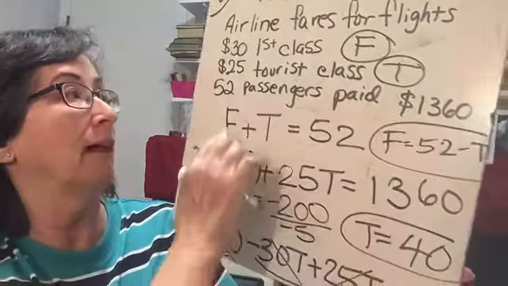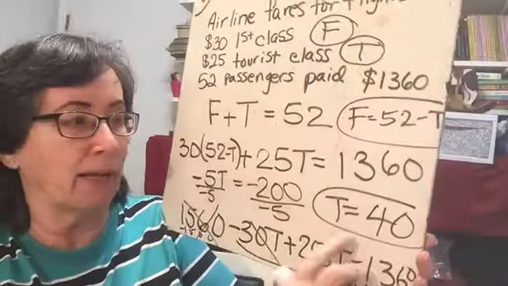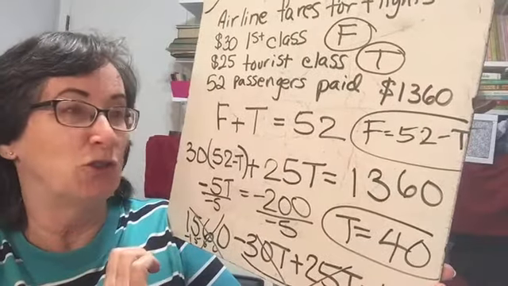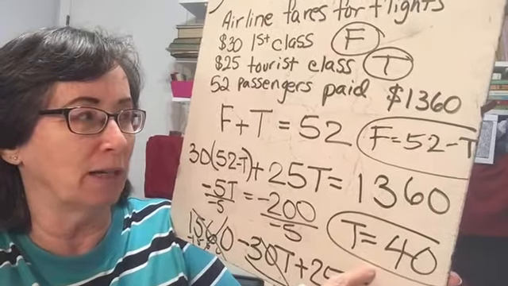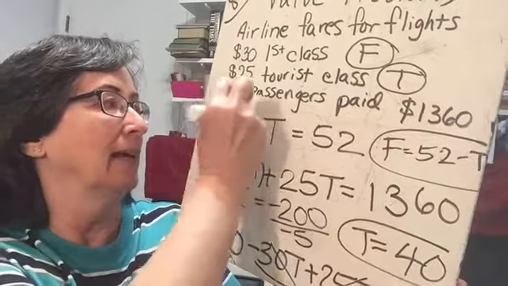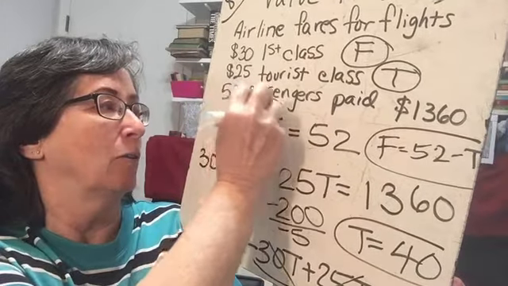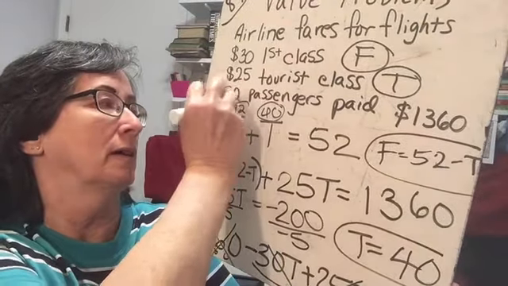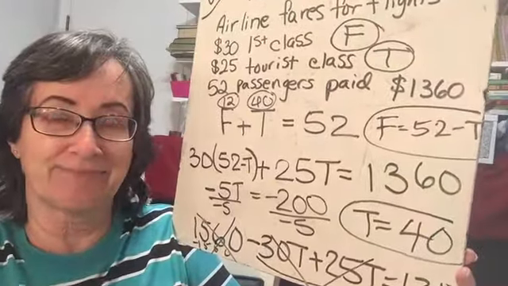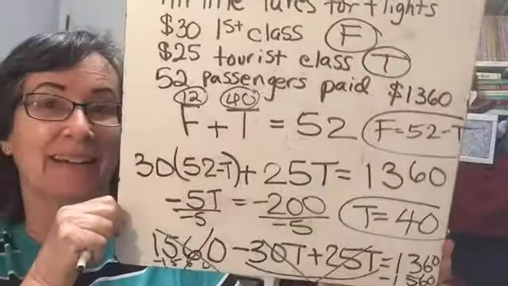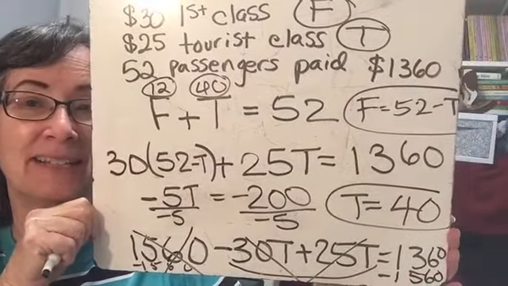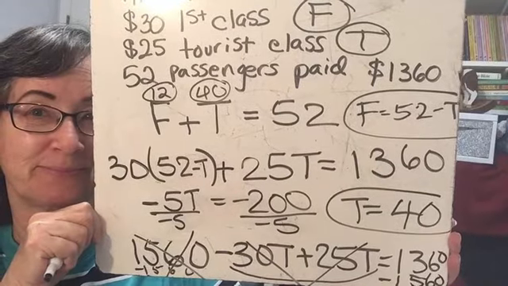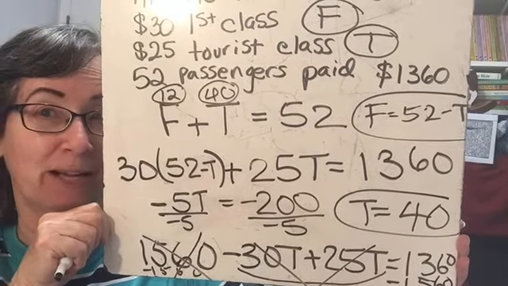So out of the 52 passengers, 40 were tourists. So if 40 were tourists, then wouldn't 12 be first class? And that's really all there is to it. Aren't those fun? Two equations, two unknowns.